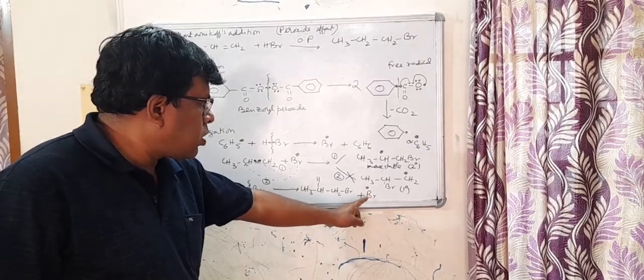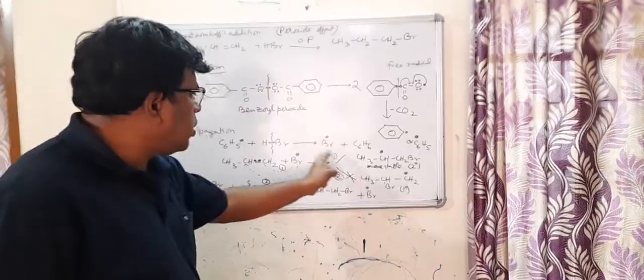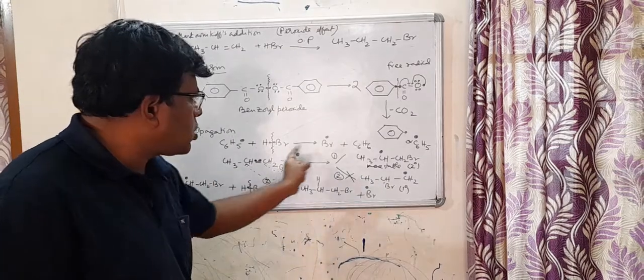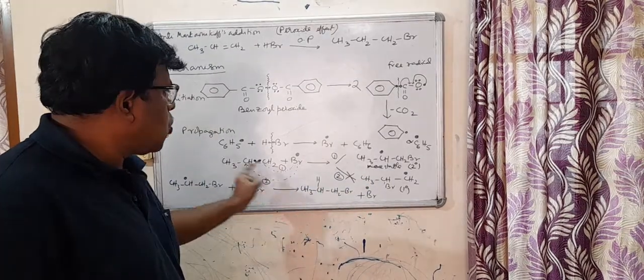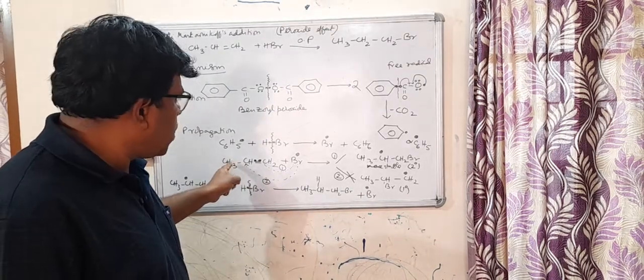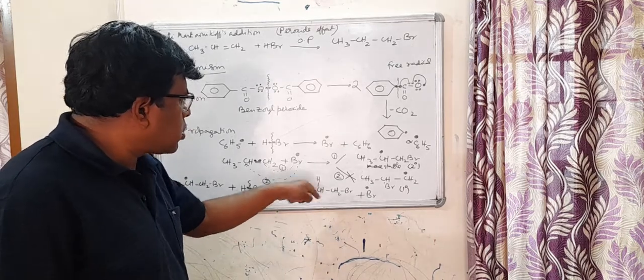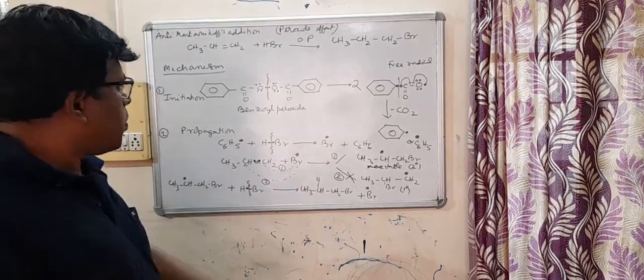Br dot will be formed, and again Br dot will act on another propene. In this way, this process will continue. So Br dot will react with more and more propene, and more and more of this compound will be formed. It keeps on going. That's why it is called propagation.